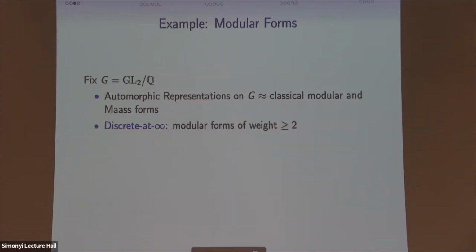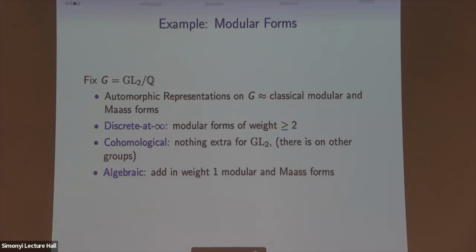Discrete at infinity means you're looking at modular forms of weight greater than or equal to 2. Unfortunately, this example isn't perfect, because when you look at the things that are cohomological but not discrete at infinity, you don't get anything extra for GL2 besides the trivial representation. And I don't really know any good classical examples of something that's cohomological but not discrete at infinity. But there are examples on other groups, and they are important on other groups.